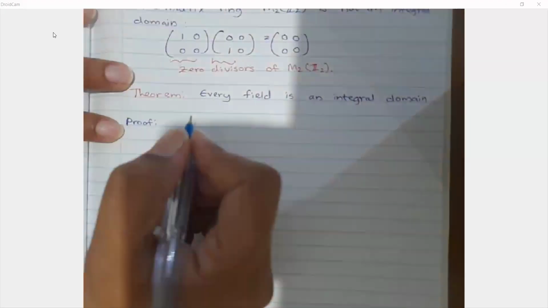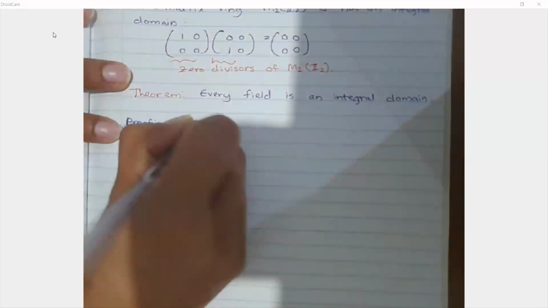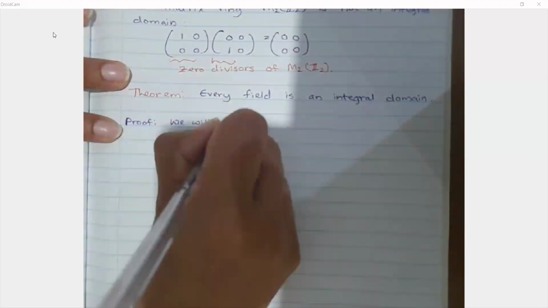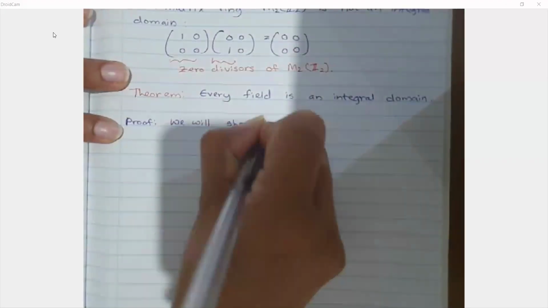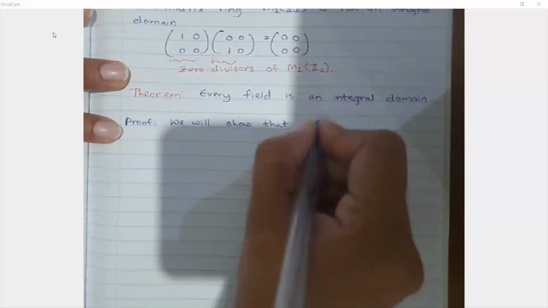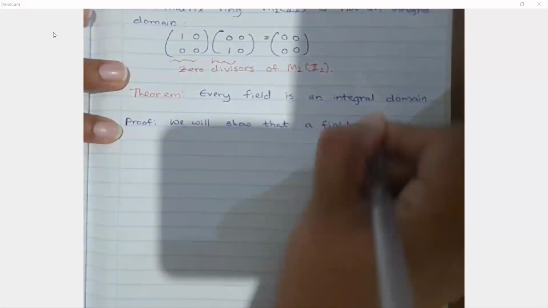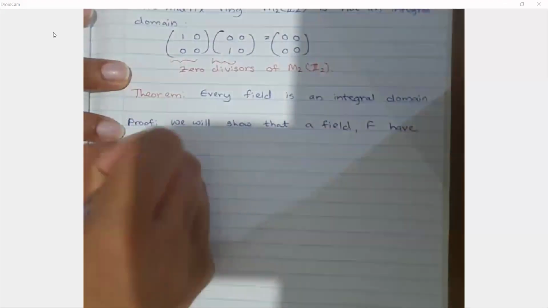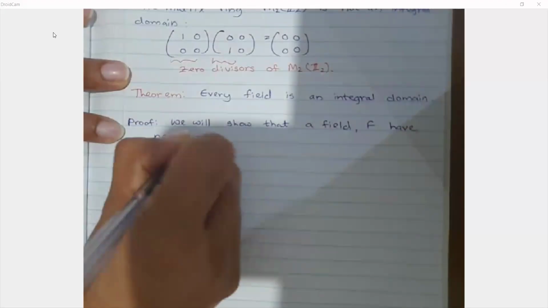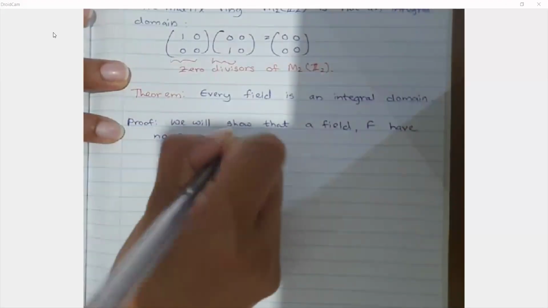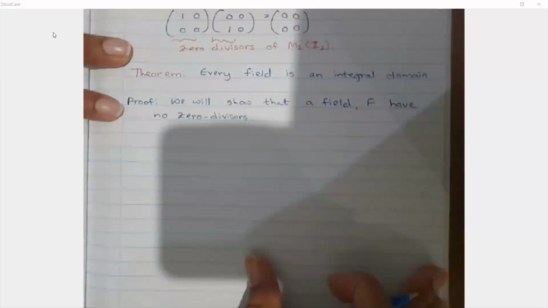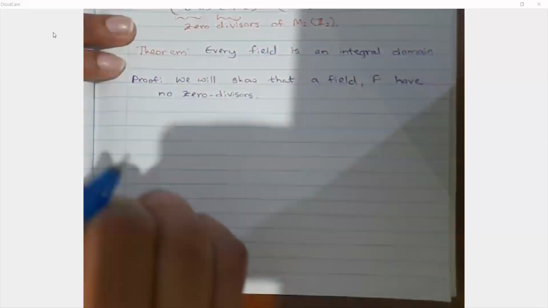Right. So let me write the proof. Let's take any field to be F. We will show that it has no zero divisors.